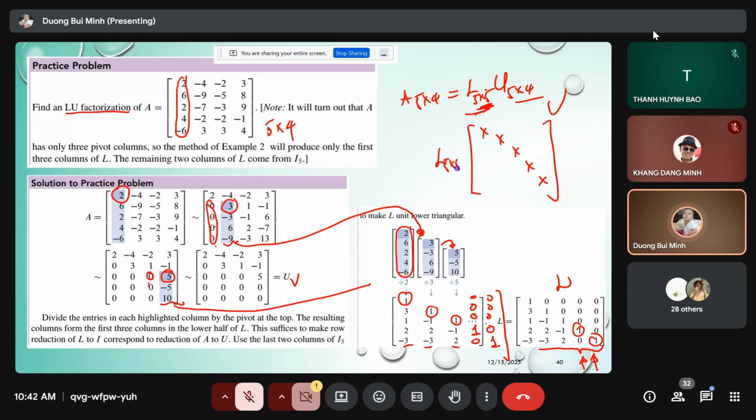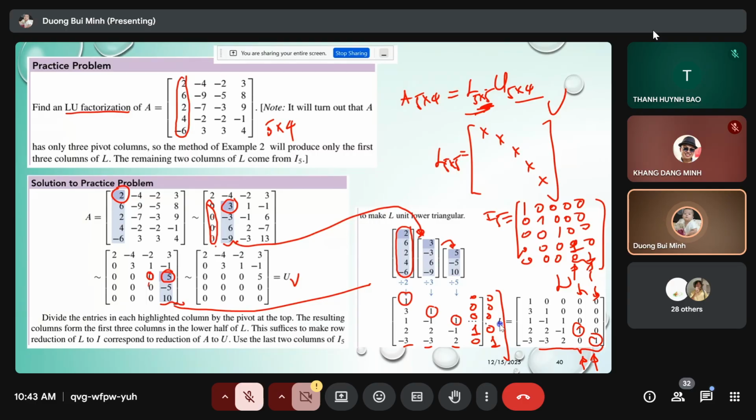This is L, 5 rows 5 columns, so you get I5, right? 1 0 0 0 0, 0 1 0 0 0, 0 0 1 0 0, 0 0 0 1 0, and 0 0 0 0 1. You just add more columns, the 4th column and the 5th column, into here. Then you can get L. That's all. This is the expansion, right?